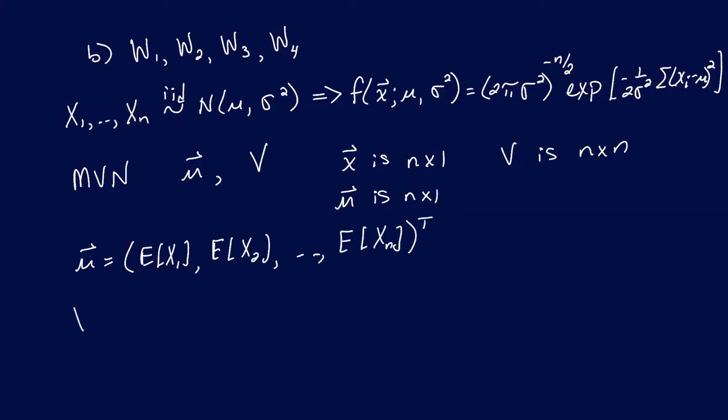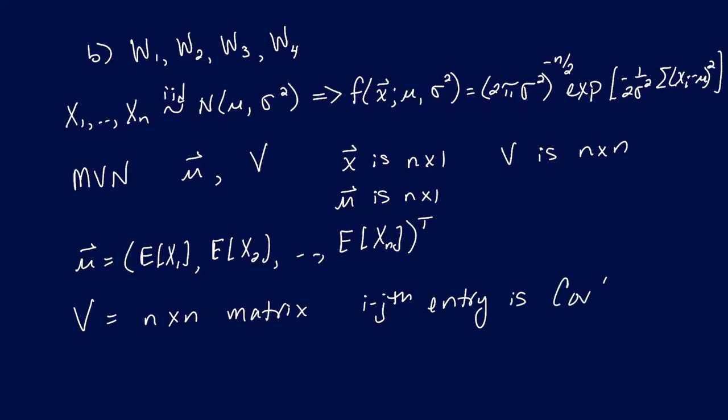And then V is, as I said before, an n by n matrix, and the ijth entry is the covariance between xi and xj.